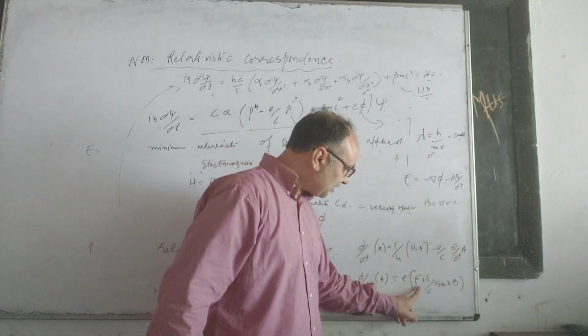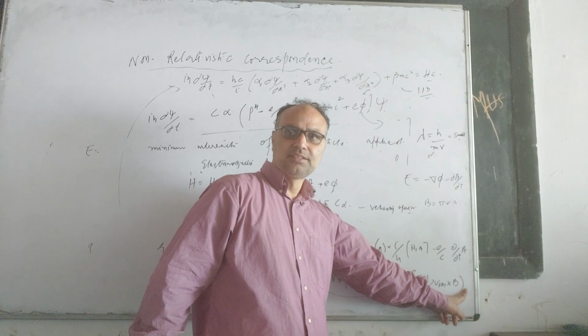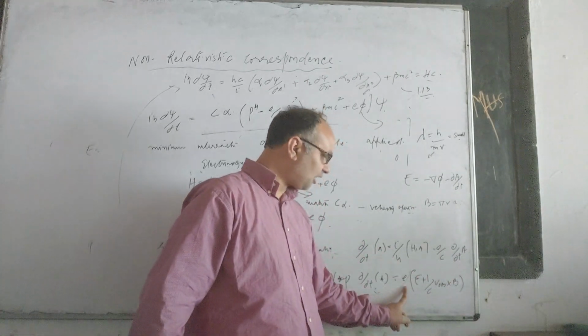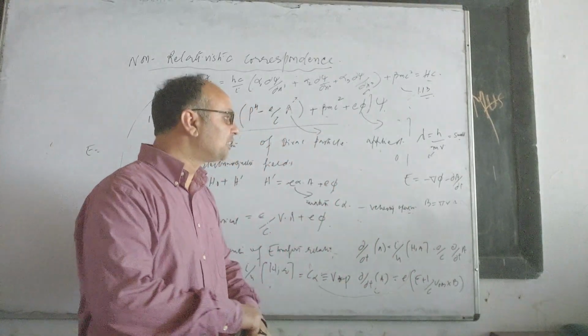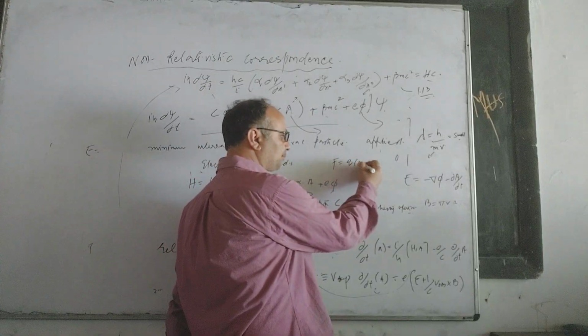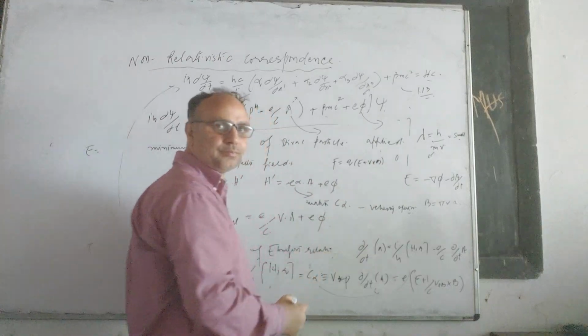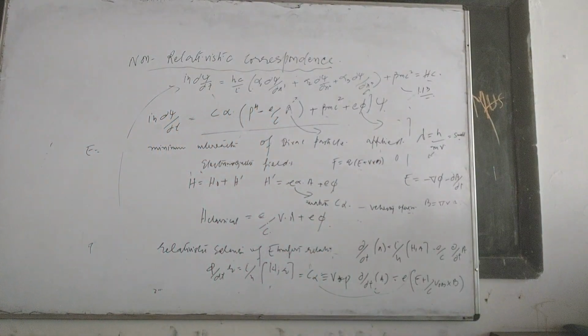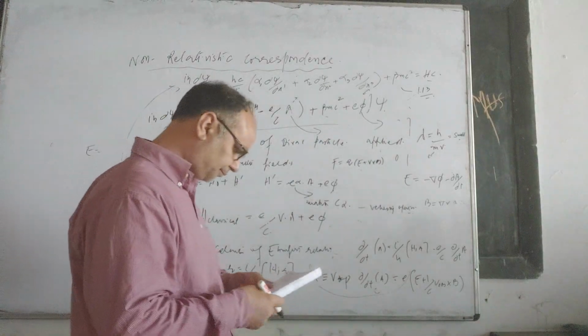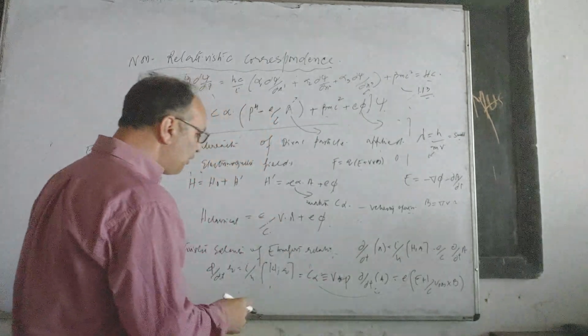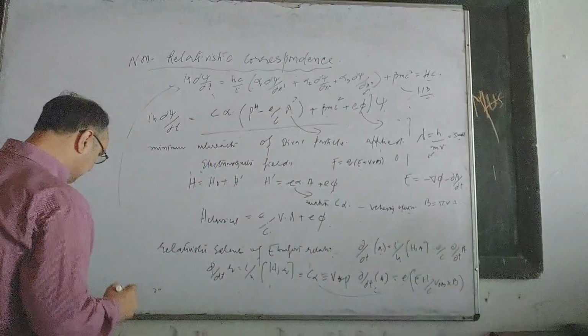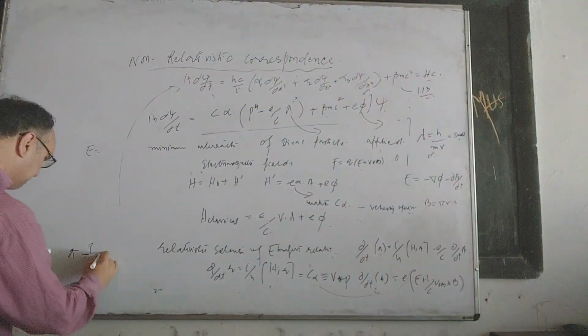The last one you can understand. It's qE plus qv cross B, right? This is the charge. F, because the particle is under an electromagnetic field. In the electromagnetic field F is equal to, where the pi we have, this pi can be written as p minus.